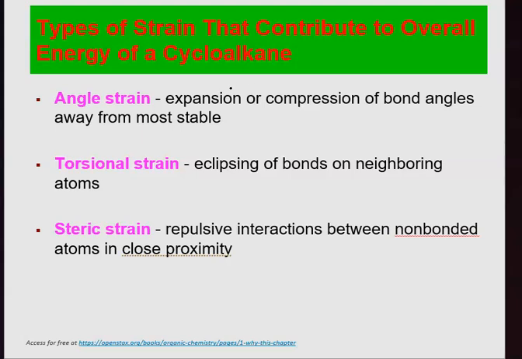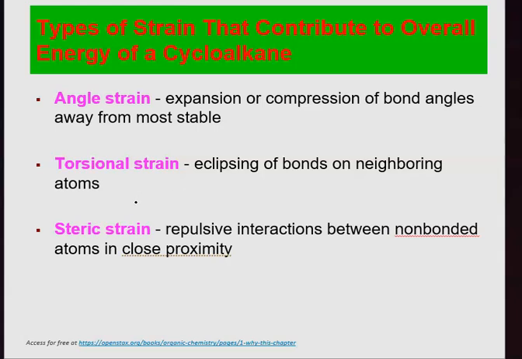Okay, so basically there are 3 types of strain that we have to look into regarding the cycloalkanes. One is called angle strain, which means expansion or compression of bond angles away from the most stable structure. Then the torsional strain is eclipsing of bonds on neighboring atoms.